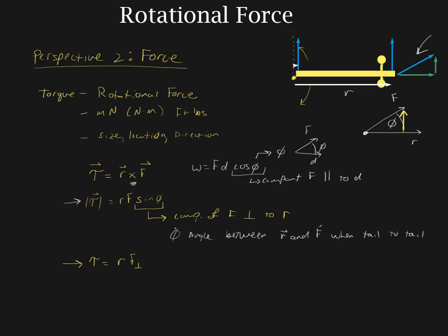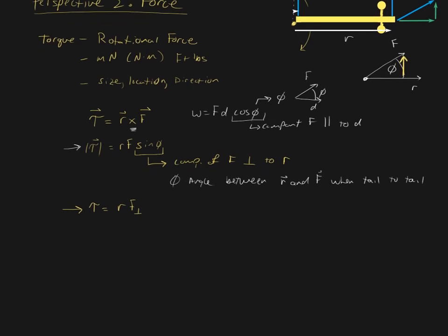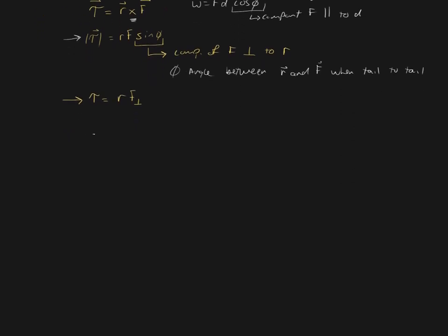And that is that you're going to hear that the torque is equal to R perpendicular times F. Now, hopefully you can see from this equation that whether it's R perpendicular to F or F perpendicular to R, it's one and the same thing, because I can do R sine phi times F, or I can do F sine phi times R. It really doesn't matter. It's multiplication. It can happen in any order. Okay, and so sometimes that's what happens whenever we look at torque.